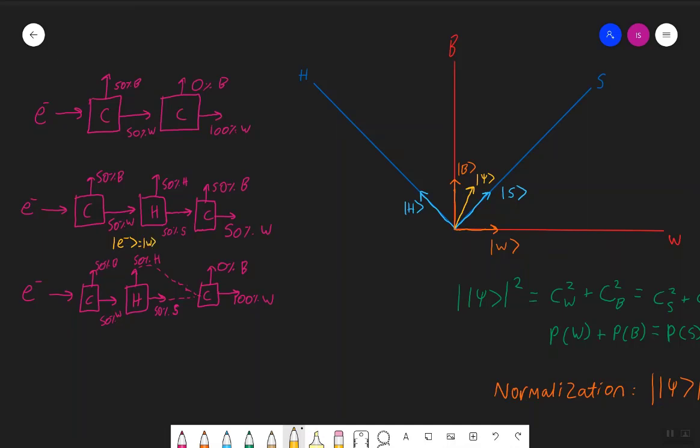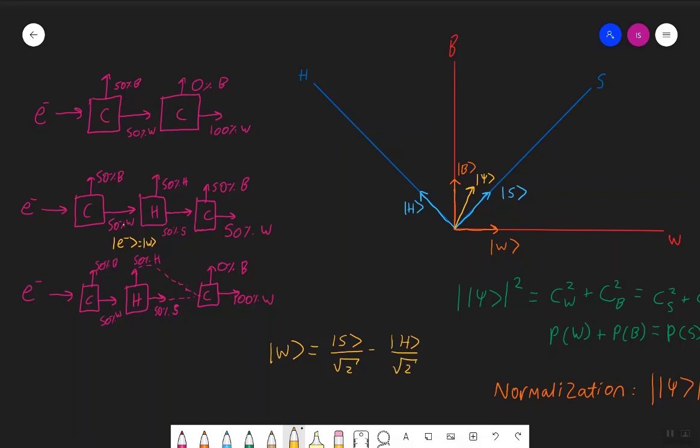Okay, now we measure that. If we take the white unit vector, we know that the white unit vector we showed before is equal to the soft unit vector over the square root of 2, minus the hard unit vector over the square root of 2.